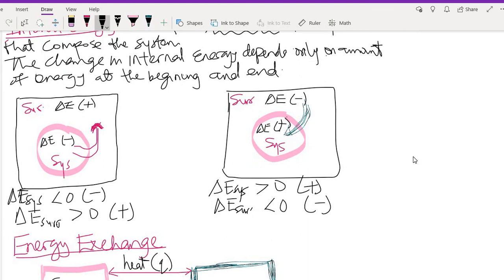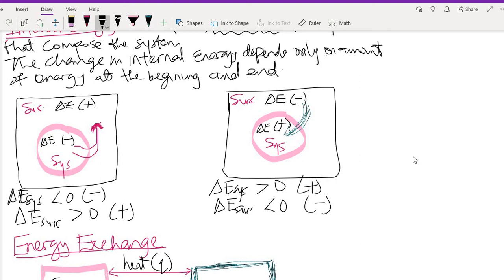The change in internal energy depends only on the amount of energy at the beginning and the end. I want to show an illustration of the exchange of energy between the system and the surroundings.